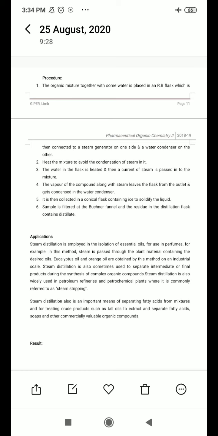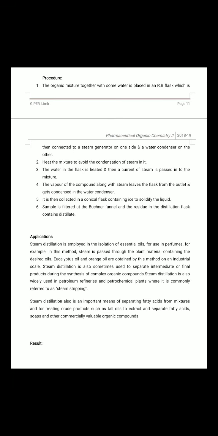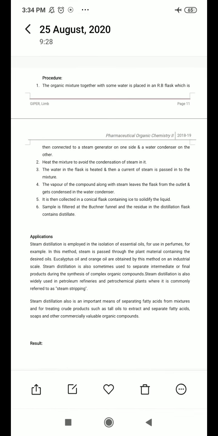Next, steam distillation is also widely used in petroleum refineries and petrochemical plants, where it is commonly referred to as steam stripping.